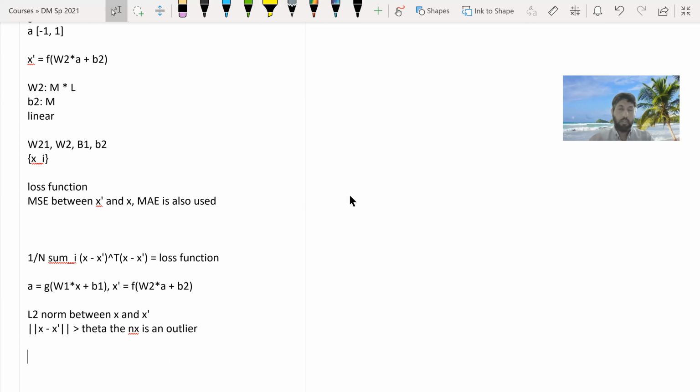So we pass all the objects x through the trained autoencoder, and for each x we'll get its corresponding reconstructed vector x prime. We then compute the distance, Euclidean distance or L2 norm between x and x prime. If that distance is greater than some threshold which we can decide, then we can call this to be an outlier. Of course, again here we do have a score.